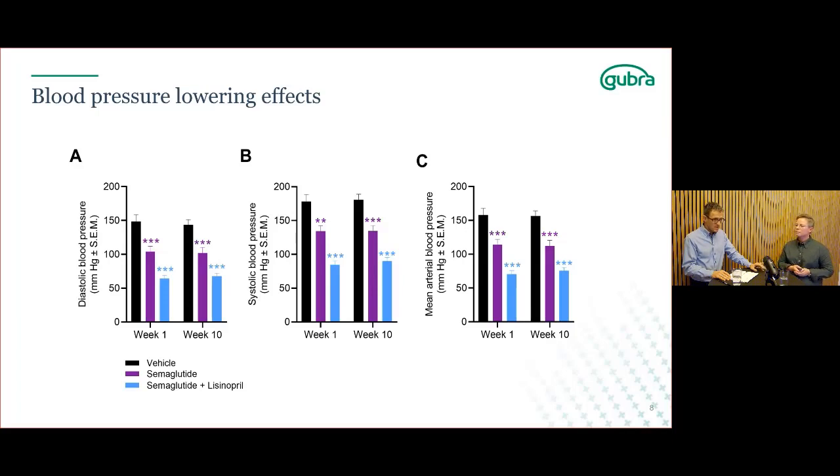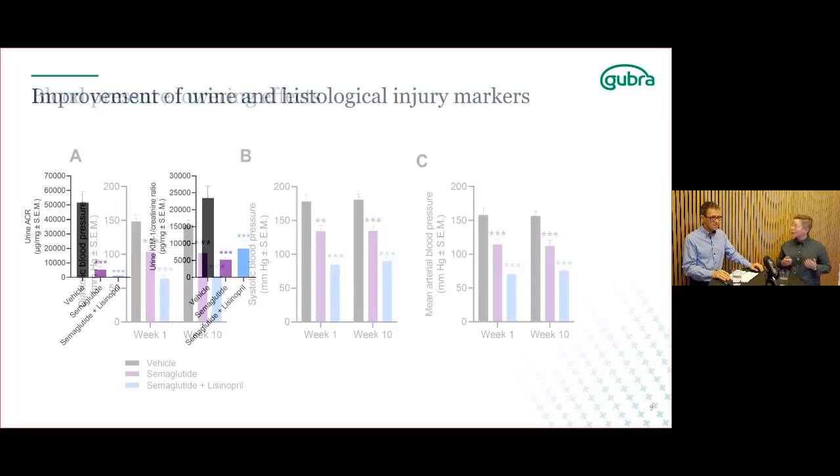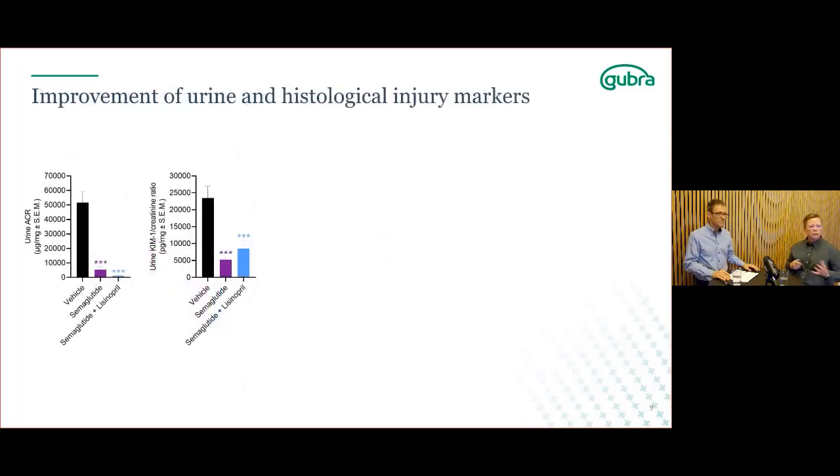Seeing these very nice and robust data, I assume that this could translate into histological and functional benefits. I will show you some data on the biochemistry that we look at, because, as you mentioned before, the hallmarks of this model are albuminuria and histology.